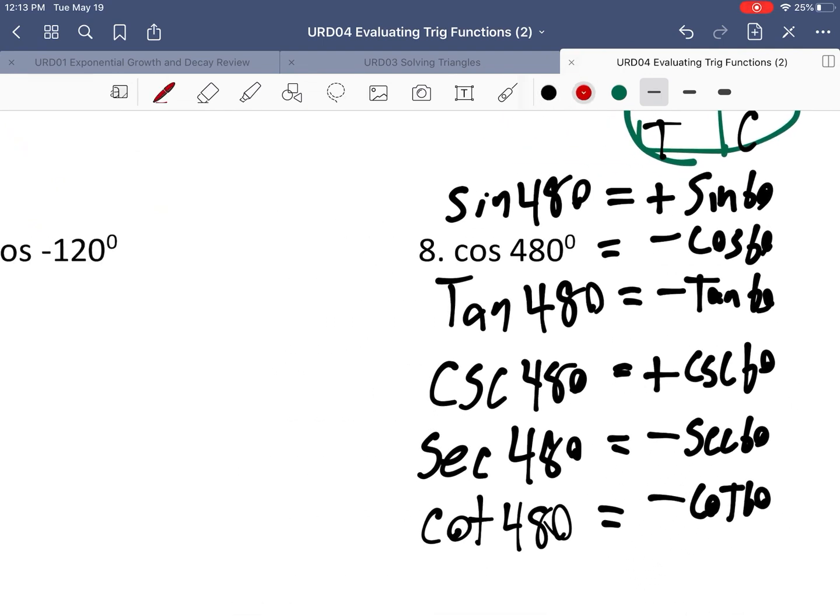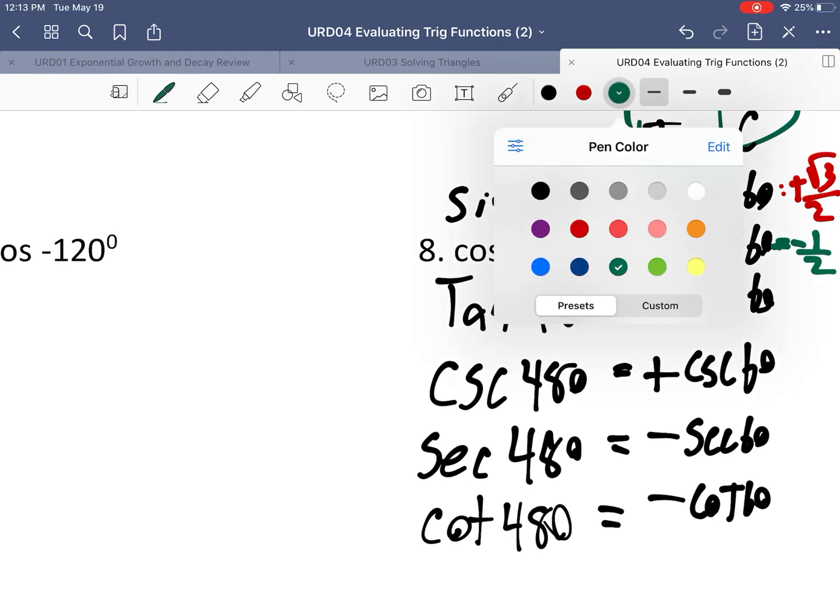So that means that the sine of 480 is going to be equal to positive radical 3 over 2, whereas the cosine of 480 is going to be negative 1/2, because the cosine of 60 is 1/2 and it's negative.